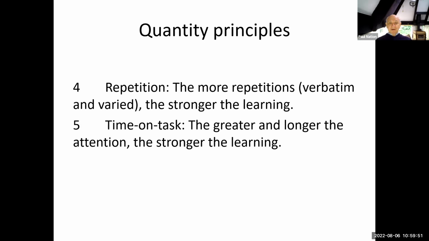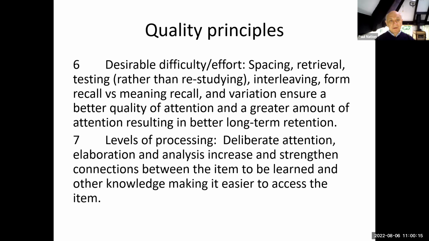Now, some activities that are done in class are simply to spend time on an item so that there is a chance for learners to give it prolonged attention and have a chance of being learned. Repetition and time on task are not alternatives. There are two ways in which quantity can occur in learning, in getting something learned.